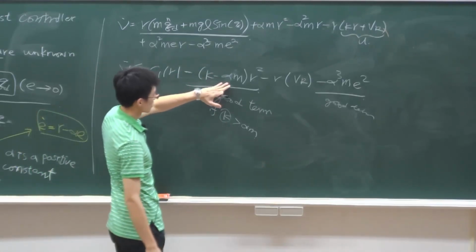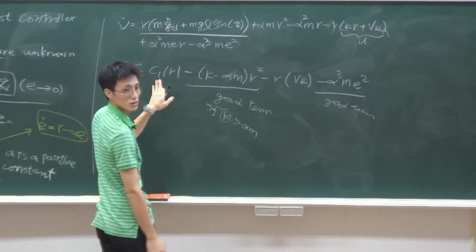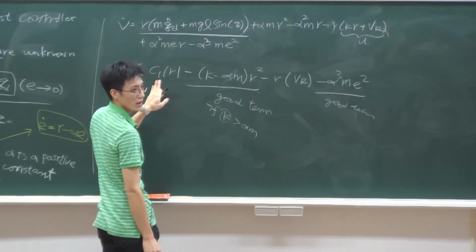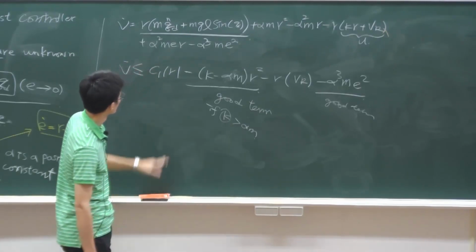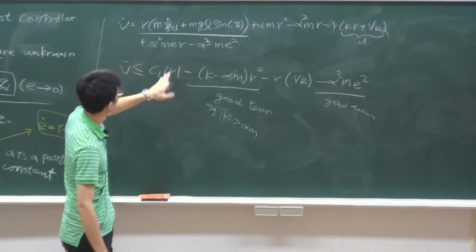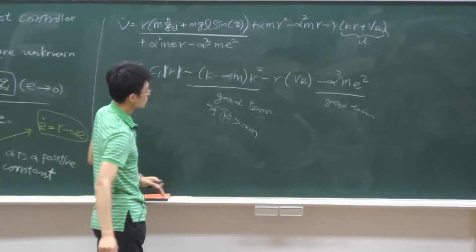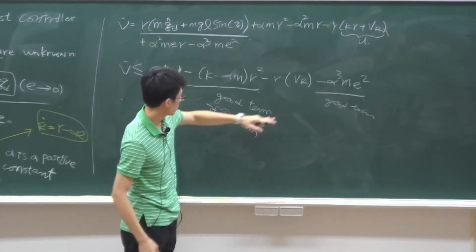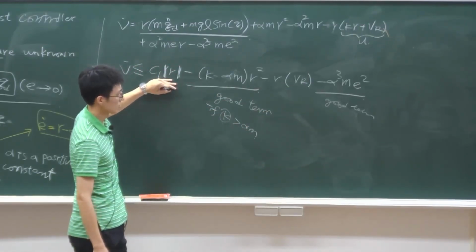So those are the good terms. Now the bad terms, which are positive, always positive, because we already put the upper bound with absolute value. So the approach now is to design this to dominate this.